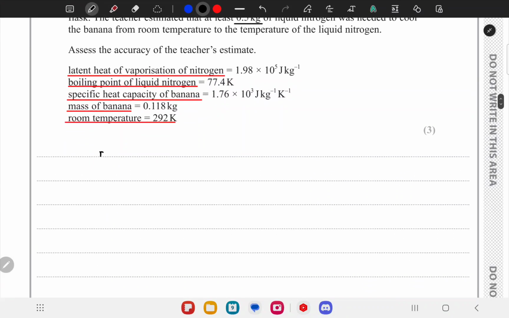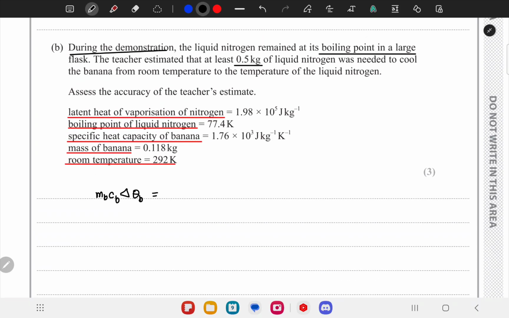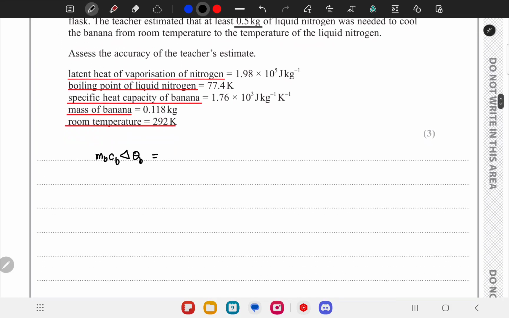So mcΔθ for banana, so m of banana times specific heat capacity of banana times the change in temperature of banana will be equal to the energy needed to vaporize nitrogen, which would be the mass of nitrogen times its latent heat of vaporization.